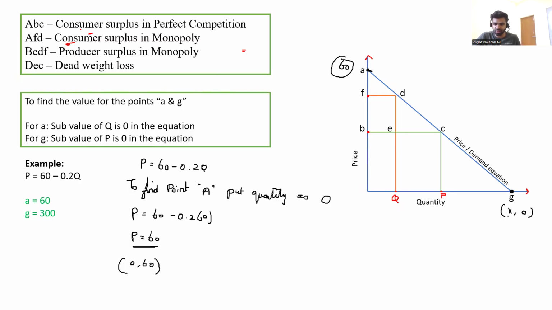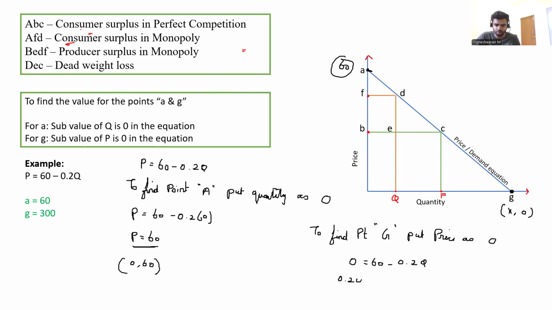So to find point G, put price as 0. So it will be 0 is equal to 60 minus 0.2Q.